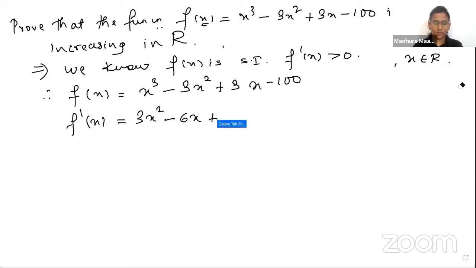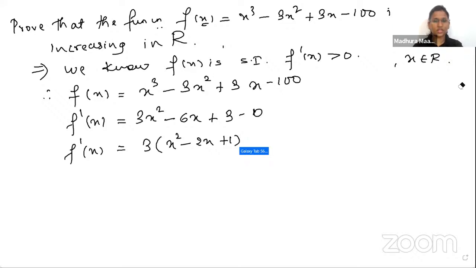Plus 3 into 1, and this is anyhow 0. From the remaining terms, what can I take common here? 3 I can take common. So this is x square minus 2x plus 1. Is this correct?